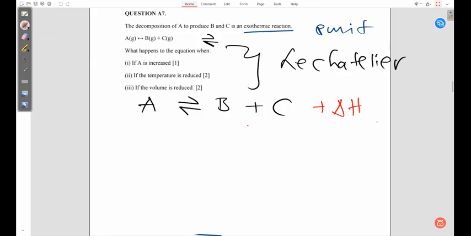So now imagine you reduce the temperature. I'm trying to give you something that can help you find the answer faster: if the temperature is reduced, consider the heat to be a product. What happens if you reduce it? There is a need for us to form more of it, right? So the forward reaction will be favored.